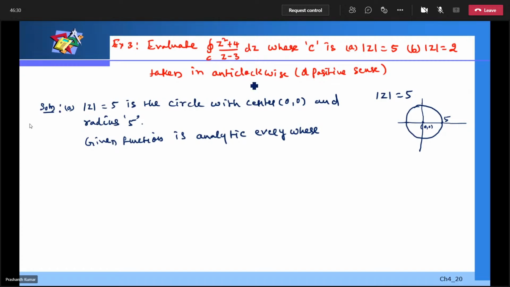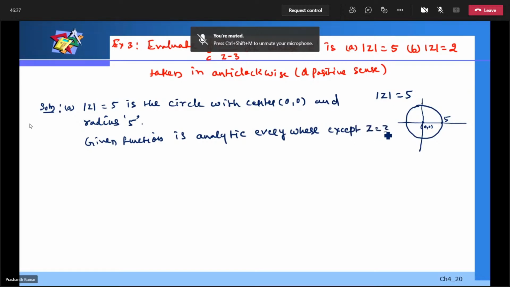The function z square plus 4 by z minus 3 we are considering is analytic everywhere except z is equal to 3.